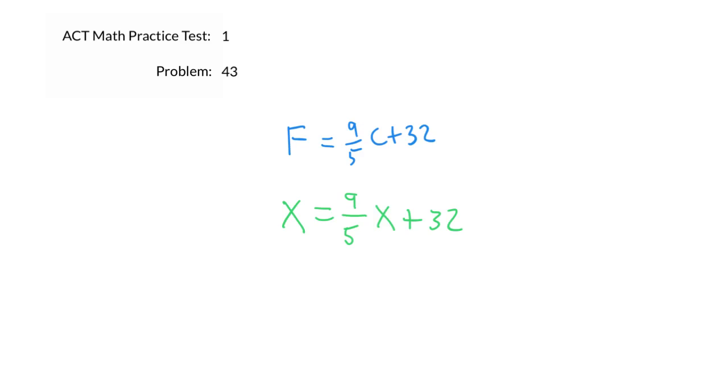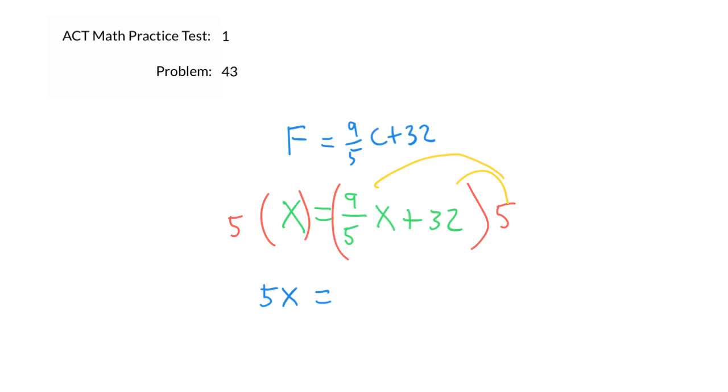Well, one thing I like to do is just get rid of annoying denominators like this 5 over here. And a good way to get rid of annoying denominators is to multiply the entire equation by that denominator. Now, of course, on the left, we're going to have 5x, and over here, we're going to be distributing.